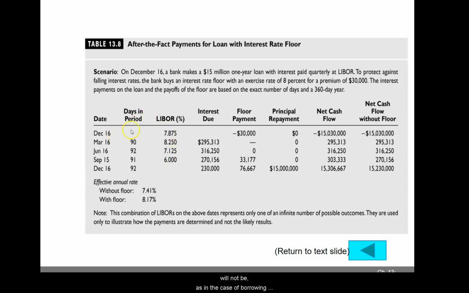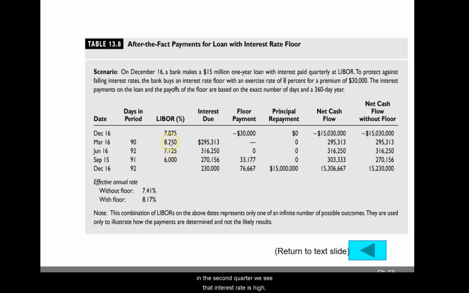As in the case of borrowing, the first interest rate is known, and the quarterly interest for the first quarter will be calculated using the LIBOR on 16th December, which is 7.875% here, and that means that the lender will receive this much in interest on the March 16th for the first quarter of the loan.